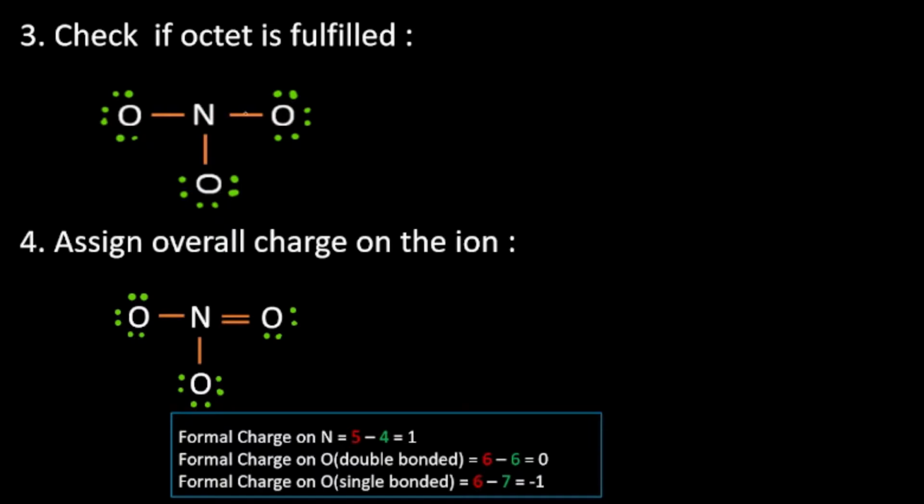And what you can do is rearrange an electron pair on oxygen to this bond and make a double bond between nitrogen and oxygen, so that you will get 8 electrons in the valence shell of nitrogen. So here I used an electron pair from this oxygen. You can use any of these oxygens for rearranging the electrons.